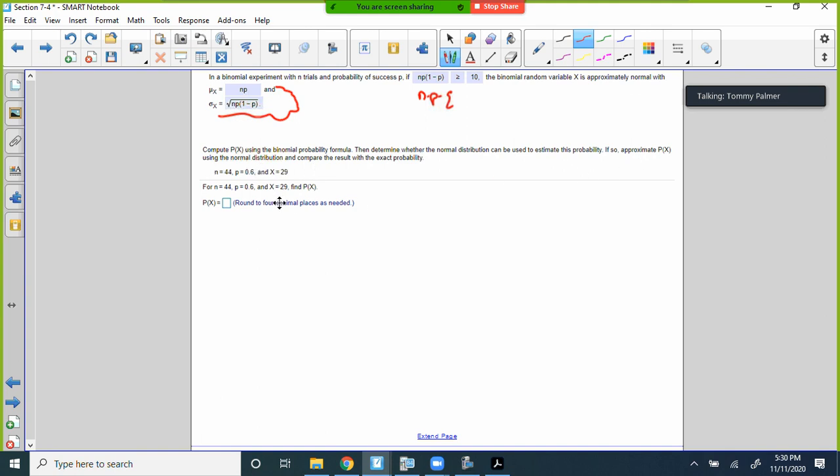So first off, we've got to do a binom PDF. The reason we're doing a PDF is this is exactly 29. The binom PDF is for exactly one point, exactly one x.